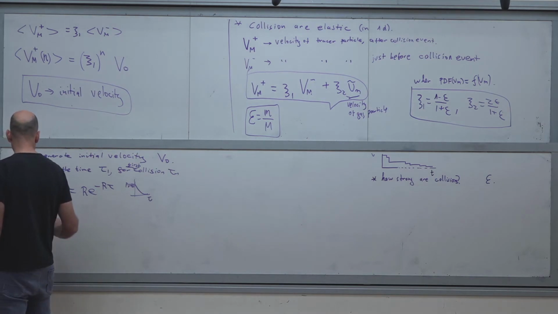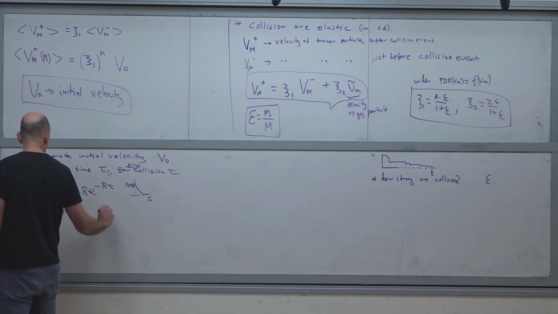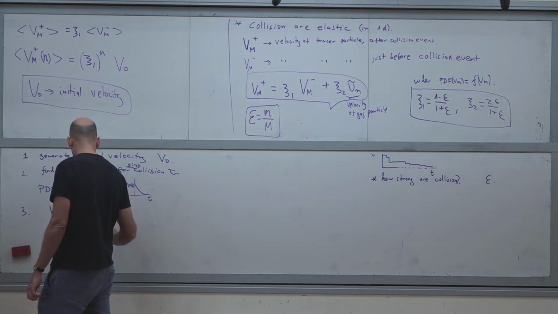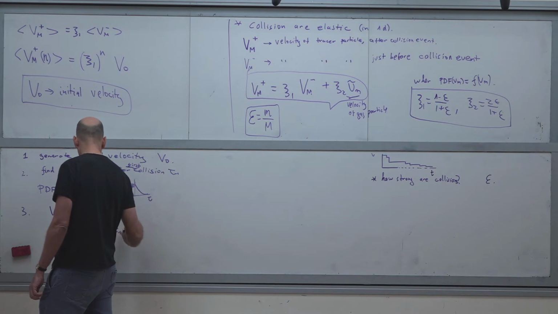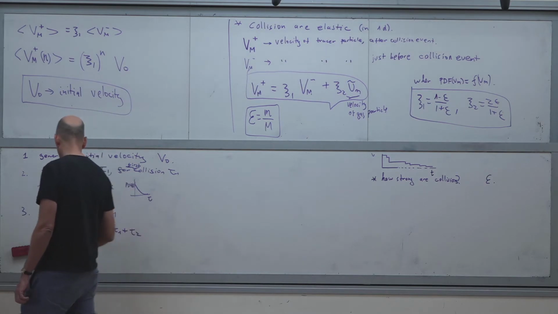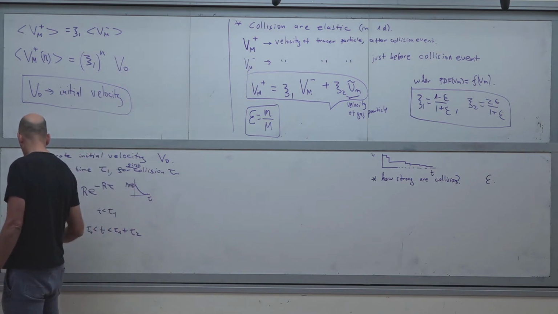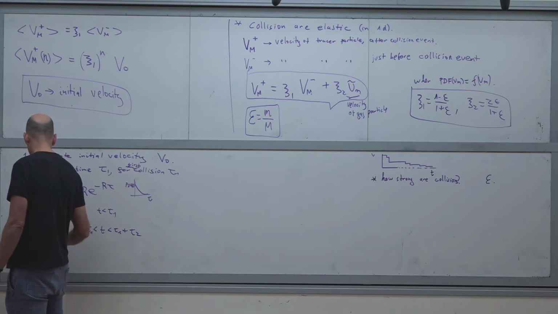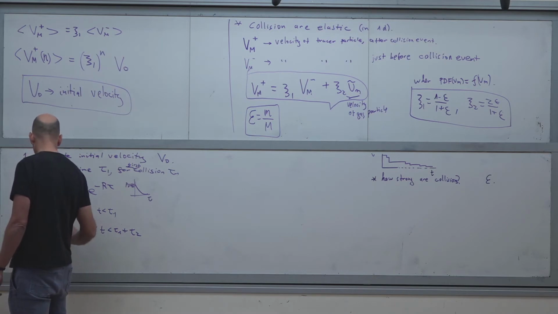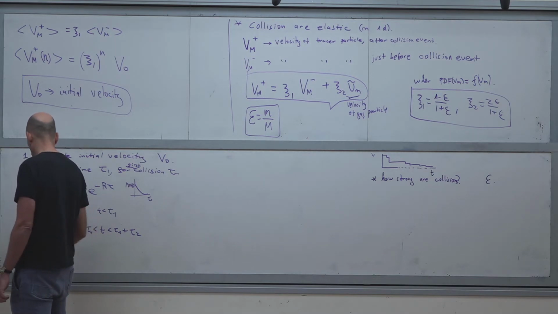So V of t is equal to V0 for times t less than tau 1, and for times between tau 1 and tau 1 plus tau 2, V of t is equal to psi 1 V0 plus psi 2 V tilde m of the first collision.